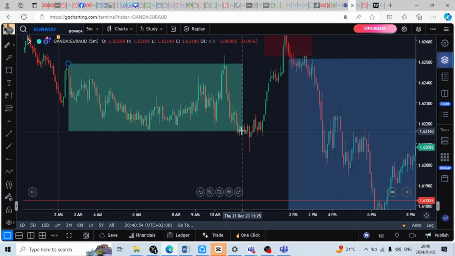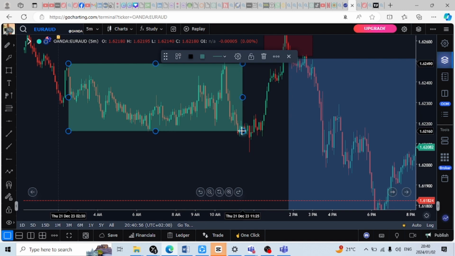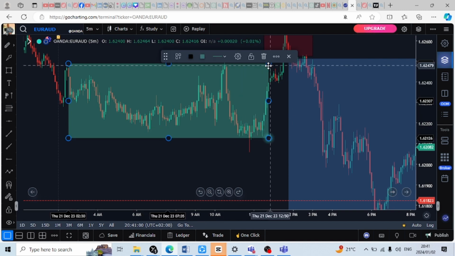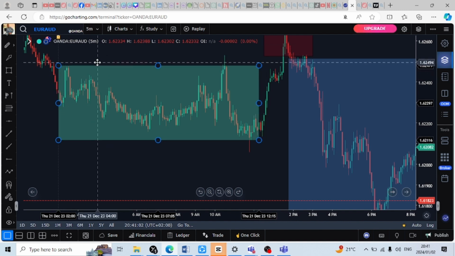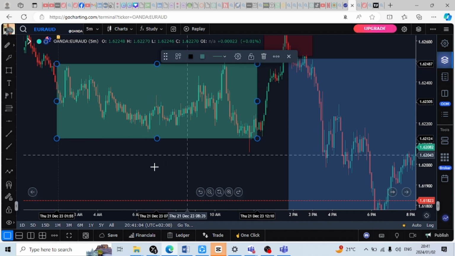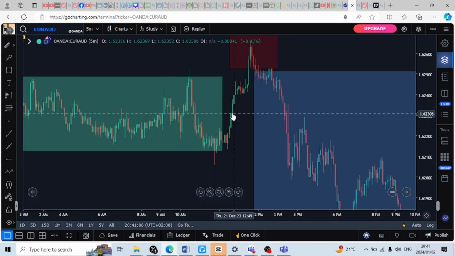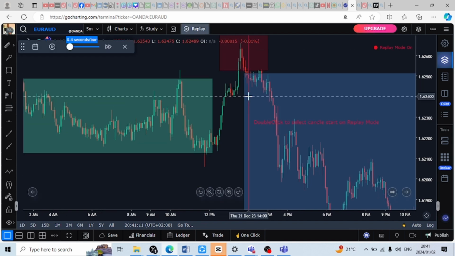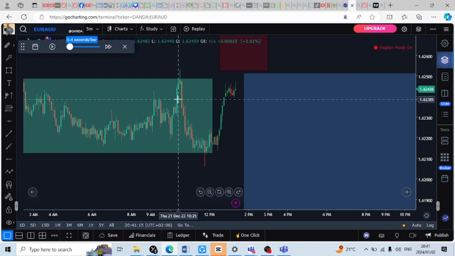The accumulation took place here. This side is good when it comes to replay, but when it comes to drawing, it's very, very difficult to use the items, unlike TradingView. But on TradingView, you have to pay to get this replay mode.